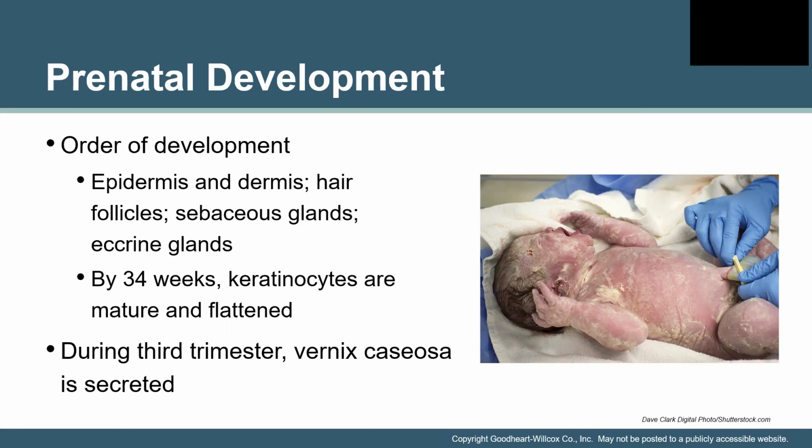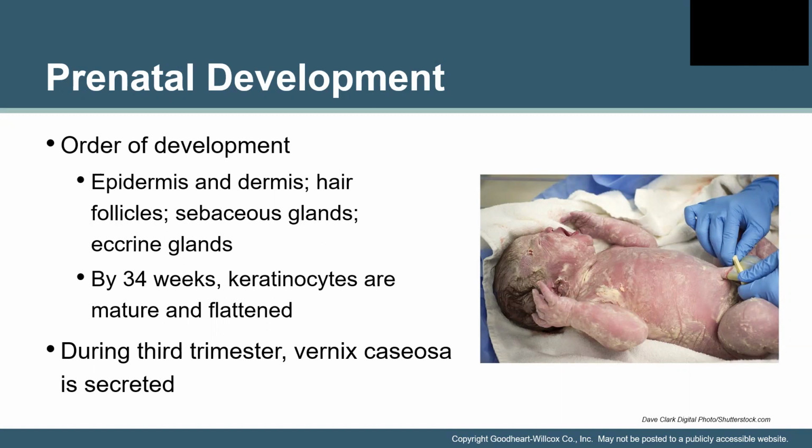Keratinocytes start developing at about 9 weeks. And at 13 weeks, differentiation of the skin layers begins to be noted. Hair follicles will originate in about the 14th week and sebaceous glands in about the 18th week. Eccrine glands at 23. By 34 weeks, the keratinocytes are matured and flattened.